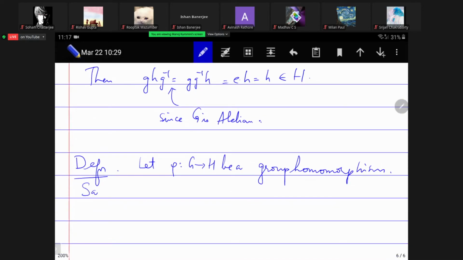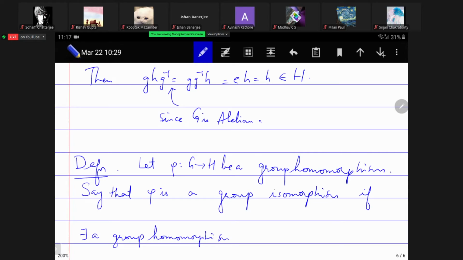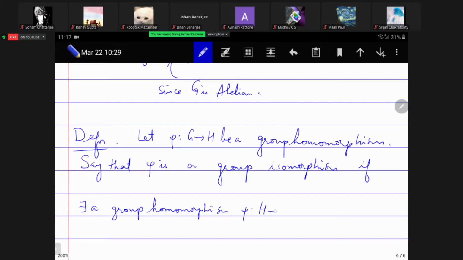We say that phi is a group isomorphism if there exists a group homomorphism psi from H to G such that the two composites are identities.